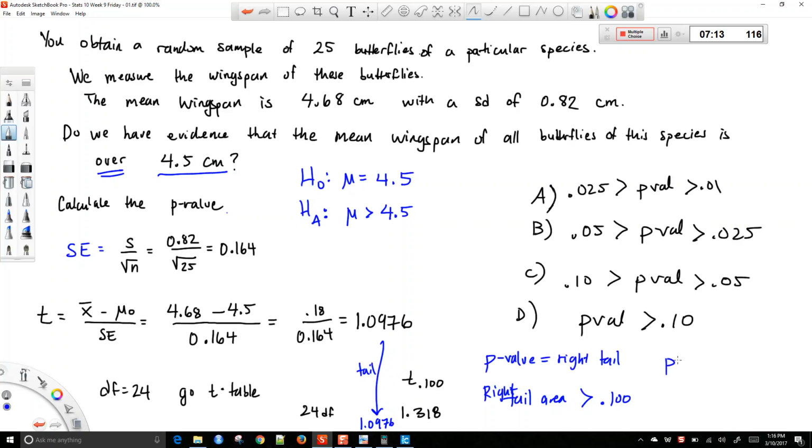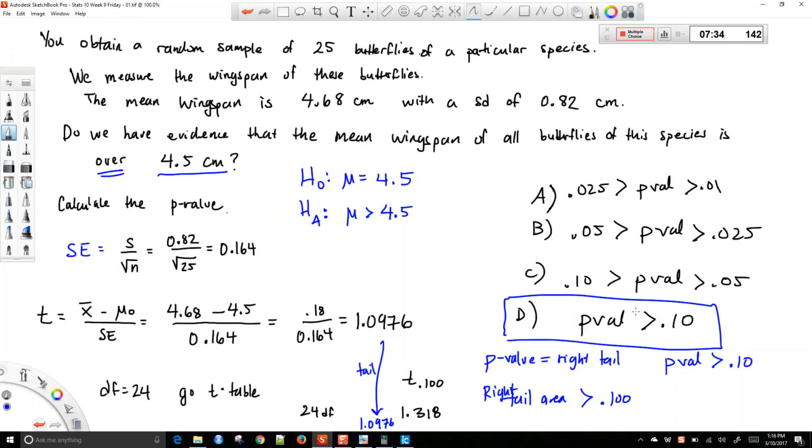Therefore, my p-value is greater than 0.10. And there you go, there's our answer. Okay, so you can update your remote clicks to reflect that.